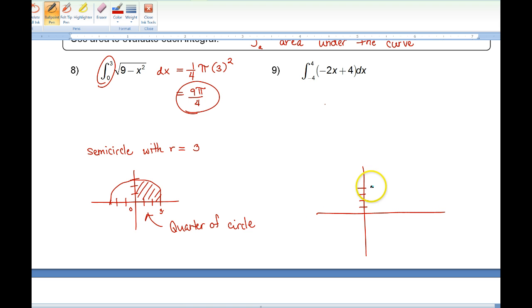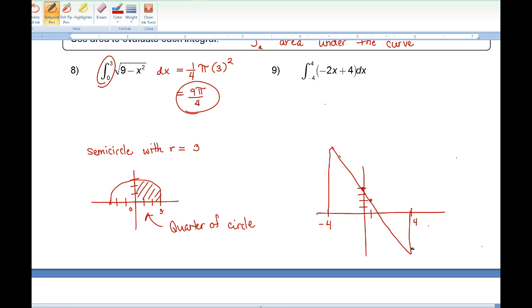Just to save some time, here's negative 4, over here's 4. So it's going to be something like that. Rough sketch. I didn't put all the lines in and everything. You don't really need to so much. If you graphed it on your calculator, you might get a better view, or if you had graph paper.